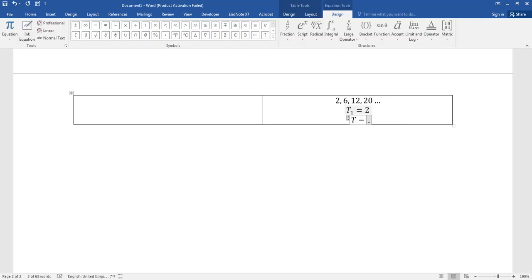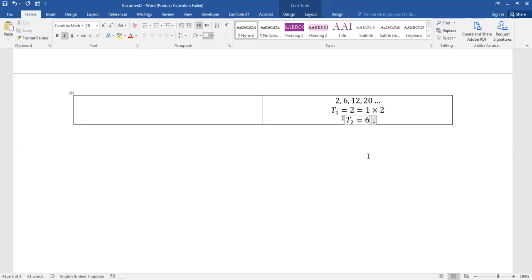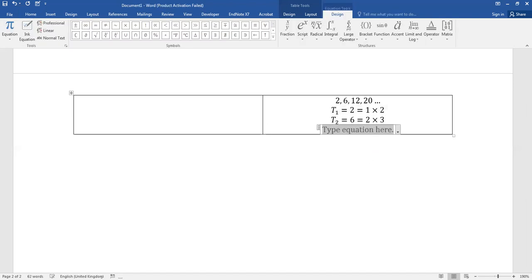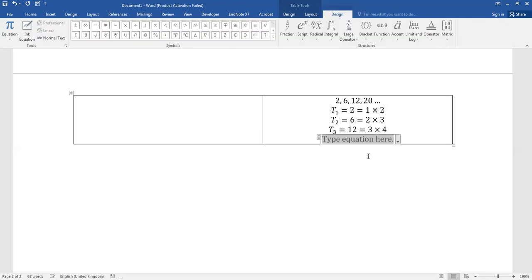Then the second term is 6. Now the rank is 2, but the number is 6. What multiplicative operation should I use with the number 2 to get 6? With 1, you multiplied by 2, and this one, 2 should be multiplied by 3. And the third term is 12, which can be obtained by taking 3 and multiplying it by 4.